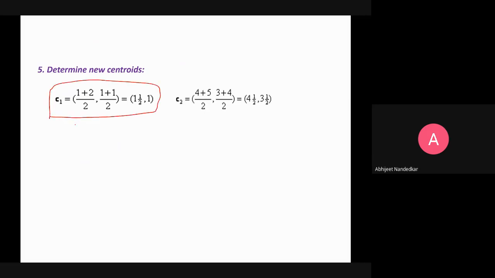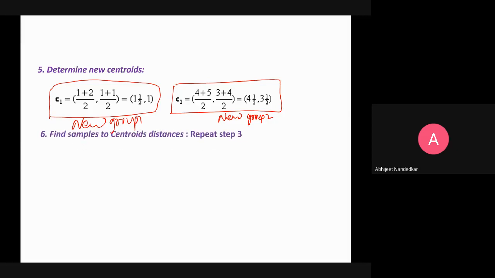This is the new calculation of centroid. And since 1 sample from group 2 is shifted to group 1, its centroid will also change. Accordingly, we calculate a new centroid for group 2 and a new centroid for group 1.